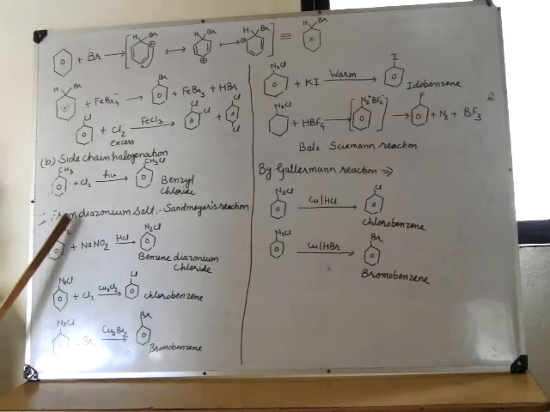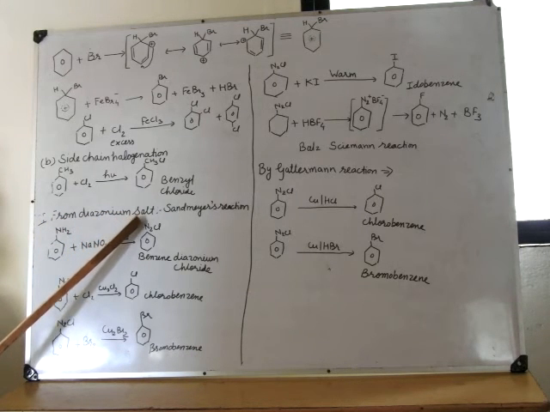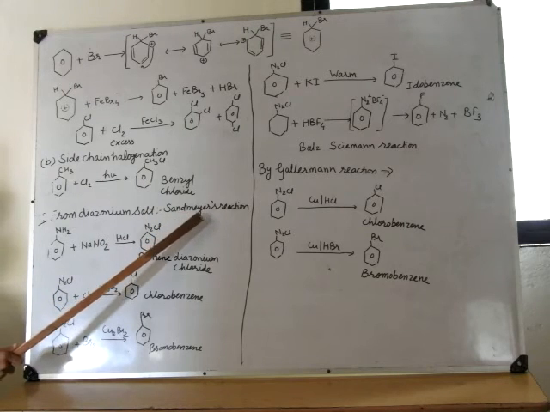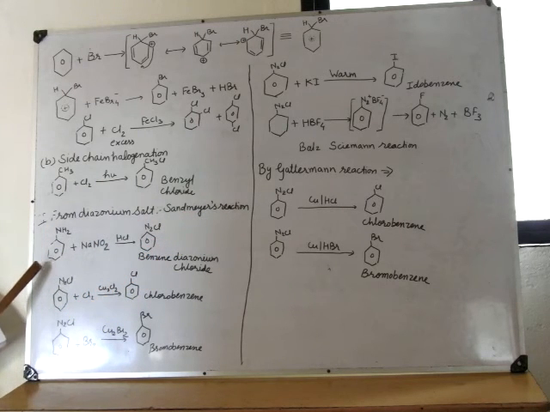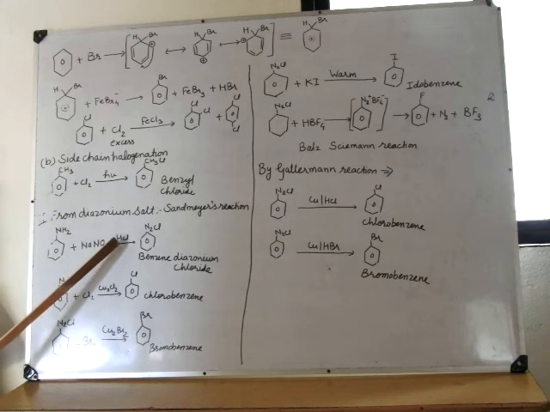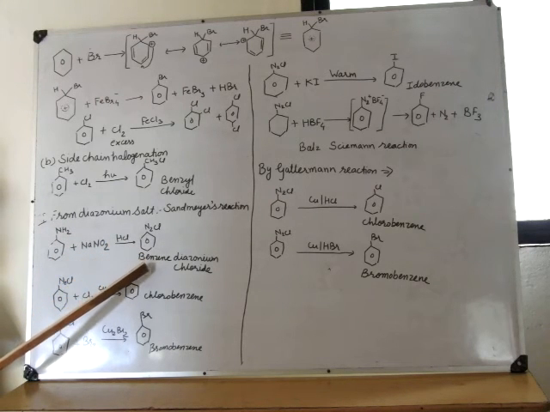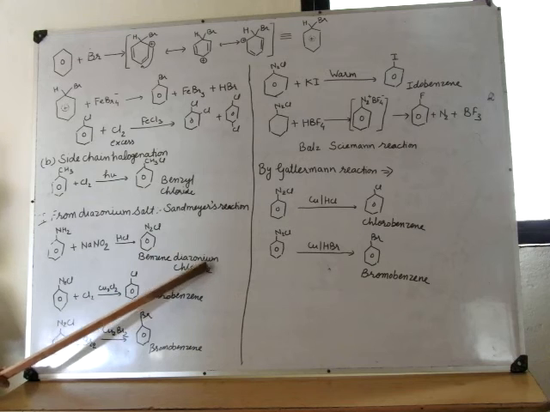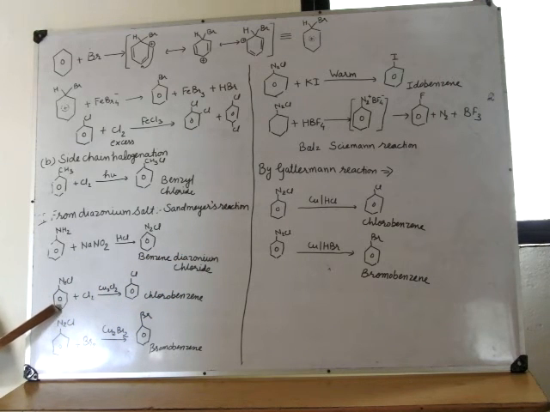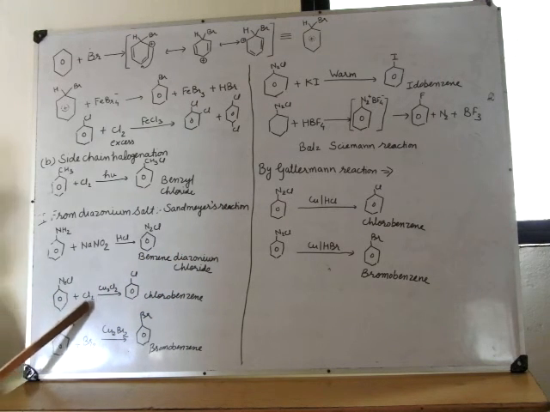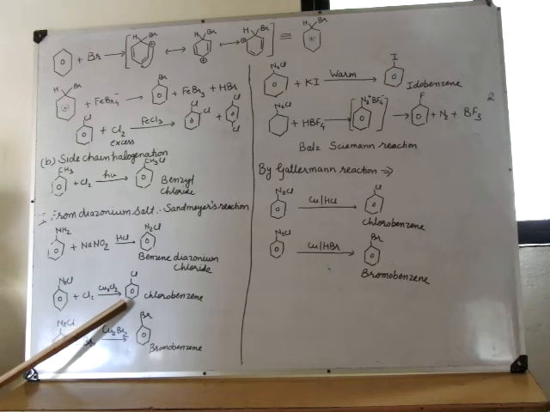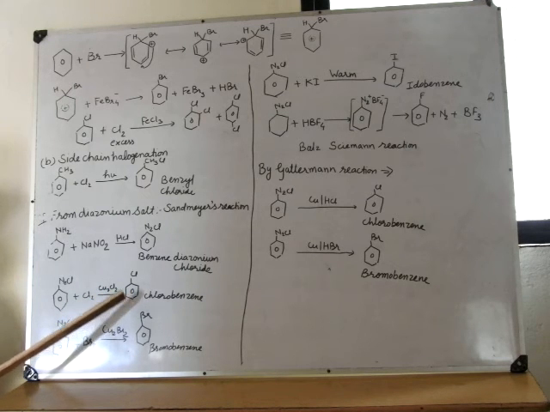Second, from diazonium salts. This is known as the Sandmeyer reaction. When aniline reacts with sodium nitrite in the presence of HCl, it gives benzene diazonium chloride. This benzene diazonium chloride reacts with chlorine in the presence of Cu2Cl2 and gives chlorobenzene.